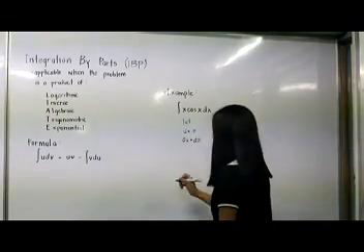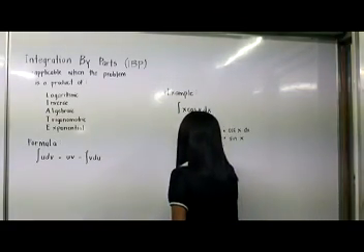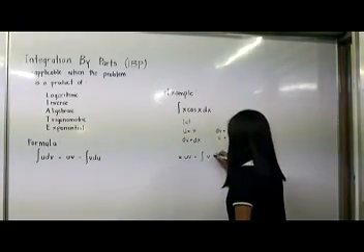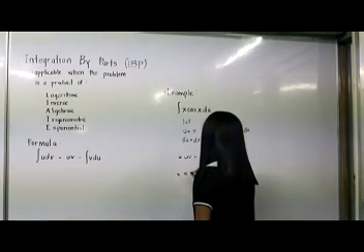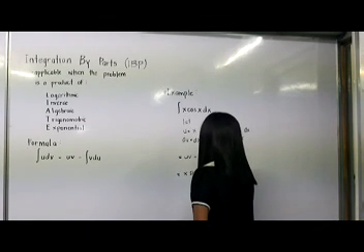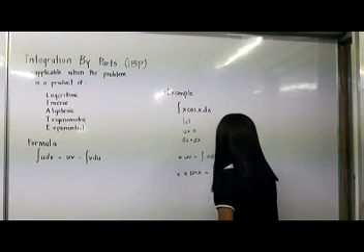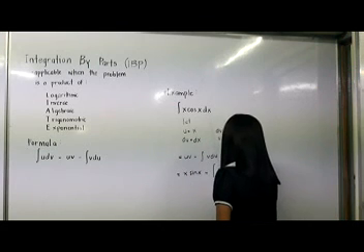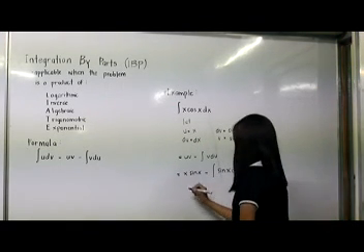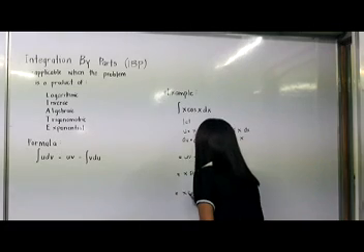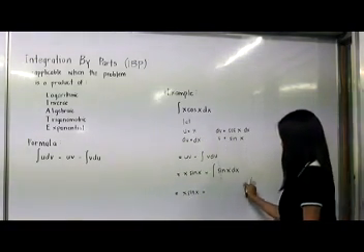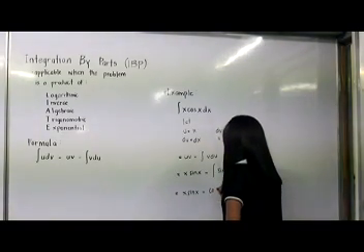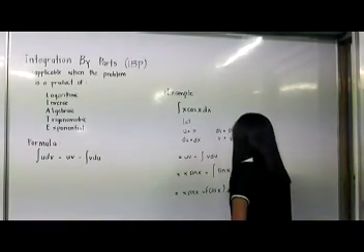Substituting into the formula, uv minus the integral of v du gives us x sine of x minus the integral of sine of x dx. So the resulting equation will be x sine of x minus integrating sine x dx, which gives us negative cosine of x plus c.